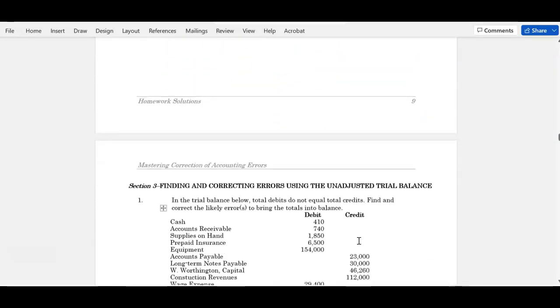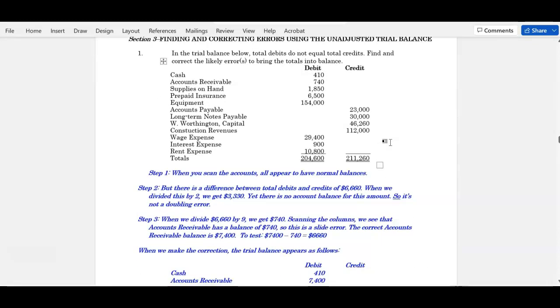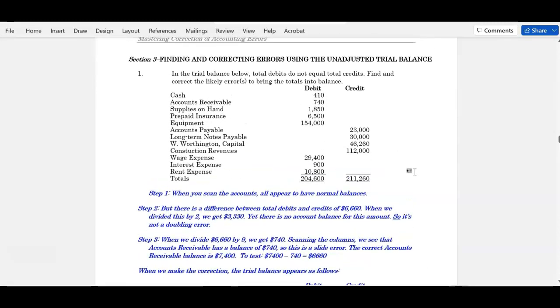In regards to section 3, okay, section 3 is going to be a little bit challenging. I think in the trial balance below, the total debits do not equal total credits. Find the correct and likely error to bring the totals into balance. Okay.